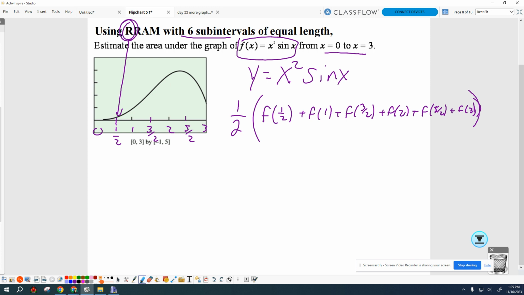So guys, can you listen to this question about the AP exam? I have graded this question twice now, and by twice I mean 800 or so problems of this. They want to see that you understand what they're asking for. So for RRAM, they want to see this written out. You could use the actual Y value here, but they want to see that you knew to choose that height, this height, that one, and that one.